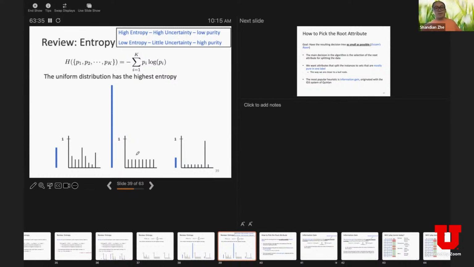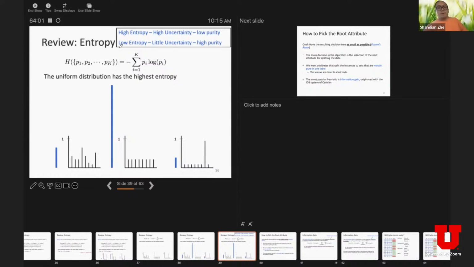As we mentioned, if your proportions of positive examples and negative examples are about the same, the purity is very bad. It's highly mixed. That means you have very high uncertainty about the labels in your data, which means you have high entropy. Does it make sense?